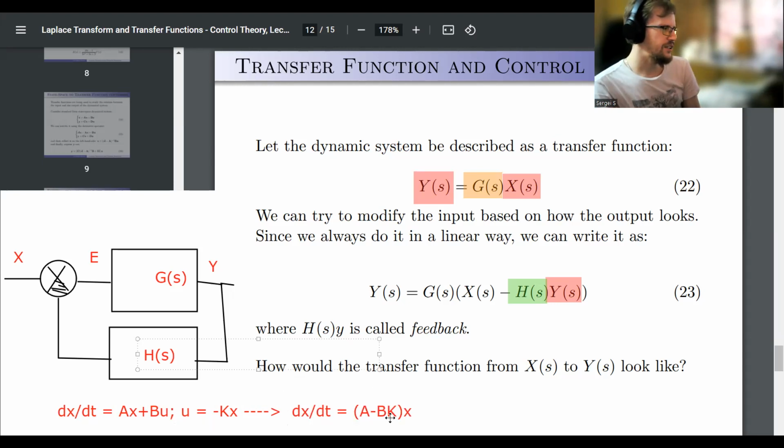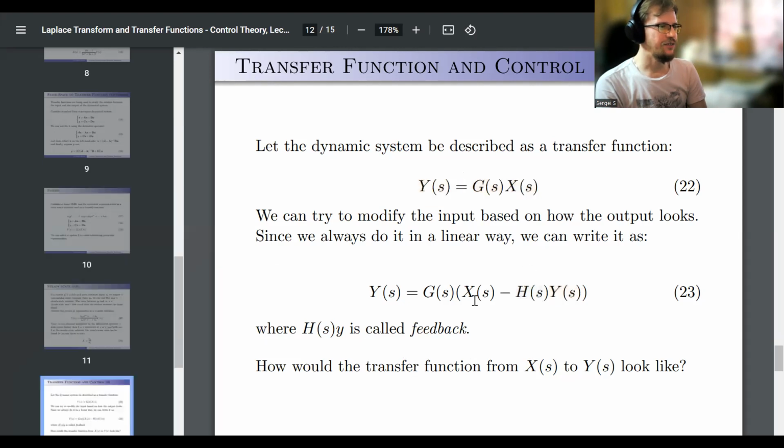And you can see some similarities here, right? This is again something that loops back: the state is being multiplied by controller and goes with minus sign back into the action. Okay. But they do look different though. This is clearly not the same as this. All right. What I want to show you here is that we can deal with this situation.